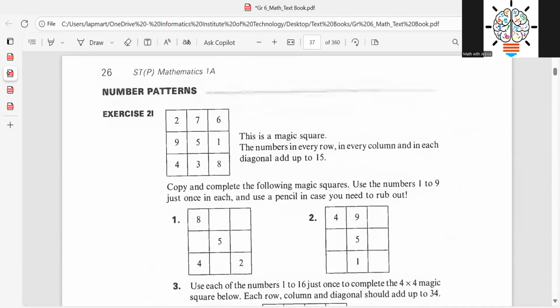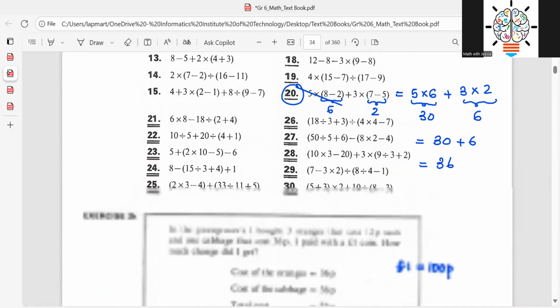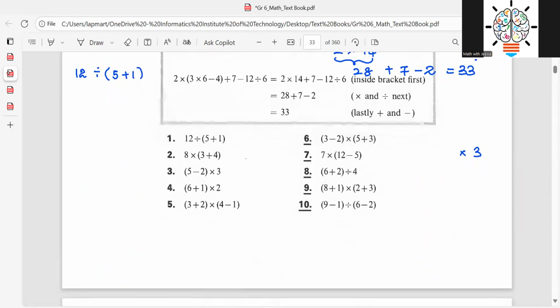Yeah, so then we want to move to the number pattern, right? So then the next day I will explain these 10 questions, right? So I will explain these 10 questions and I will give you another few homework. No, it's better that we'll do it like this. You can do these 10 questions, right?